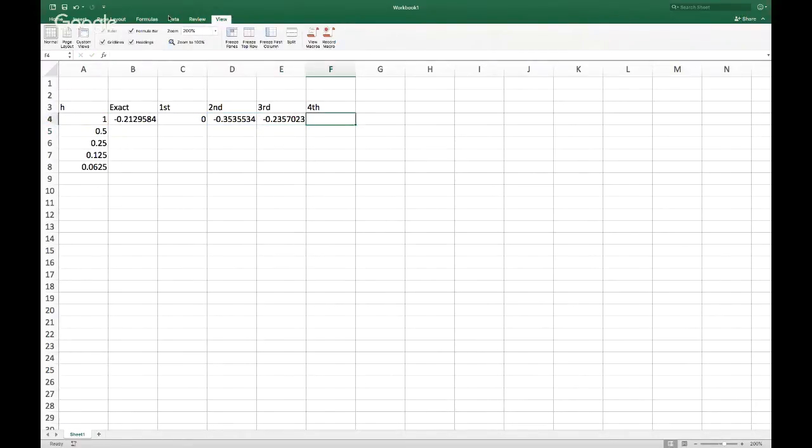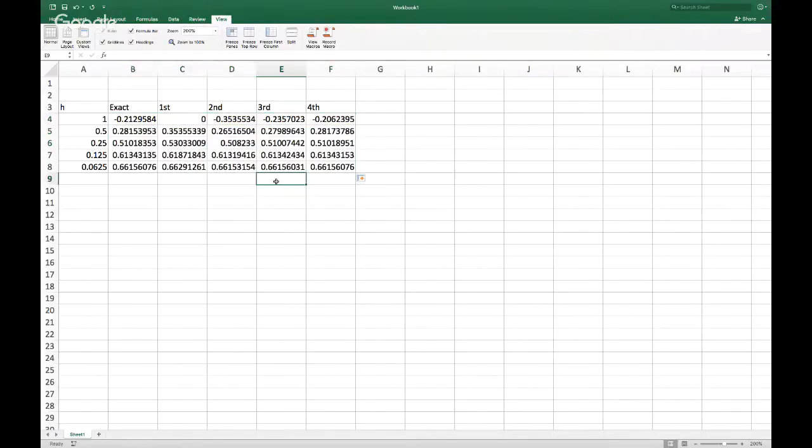And finally, the fourth order. We take our third order and we add h to the 4 over 24 times square root 2. Okay, now I've got all the top 4 done. All I need to do is copy this down and it completes all the values.